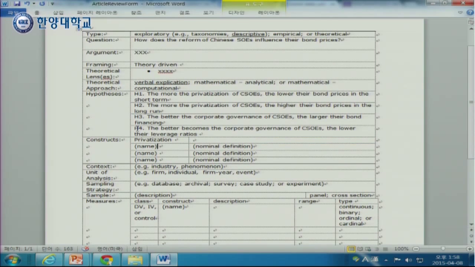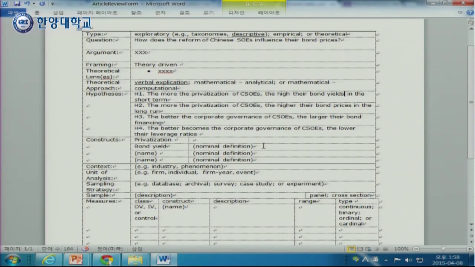And then bond price is easy. Actually, bond yield. Okay, bond yield. Because bond yield is better, so the higher their bond yields.